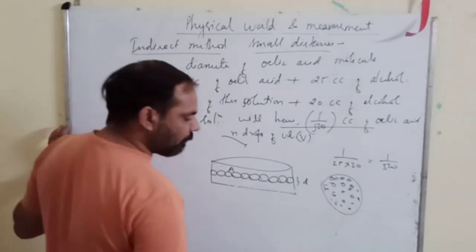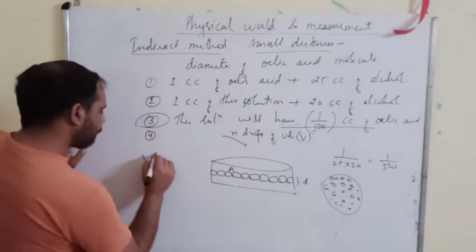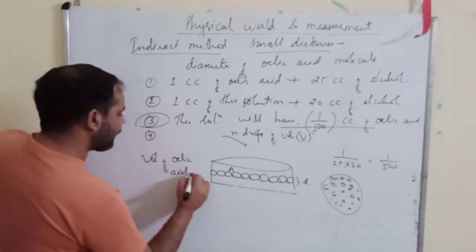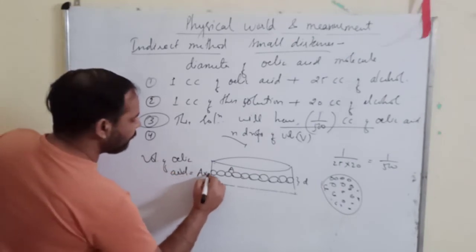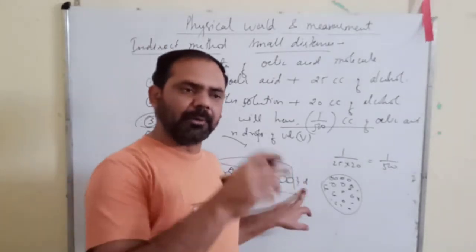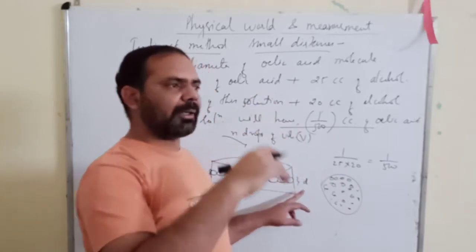So what will be the volume now? The volume of oleic acid equals A into D, the surface area into the diameter. Now, how many molecules were there?